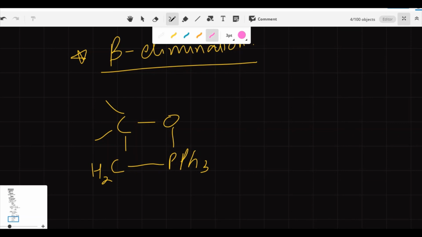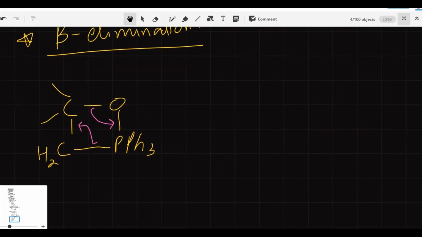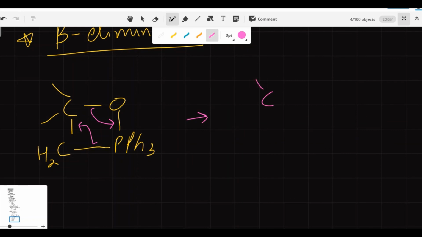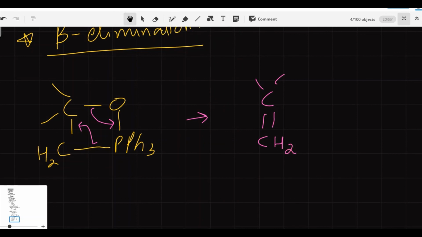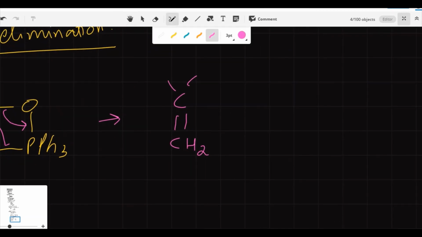So here the oxygen bond will shift in this way. A new formation takes place in which the carbon is double bonded with the CH2 group, and along with that there is the formation of Ph3P double bonded with the oxygen atom.